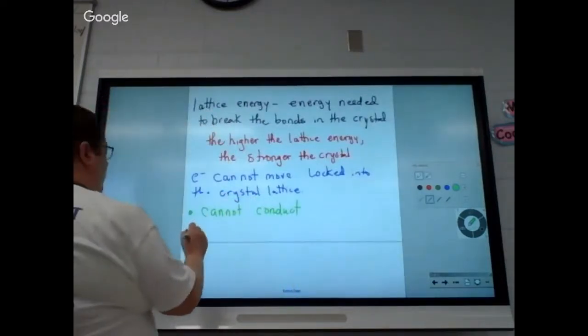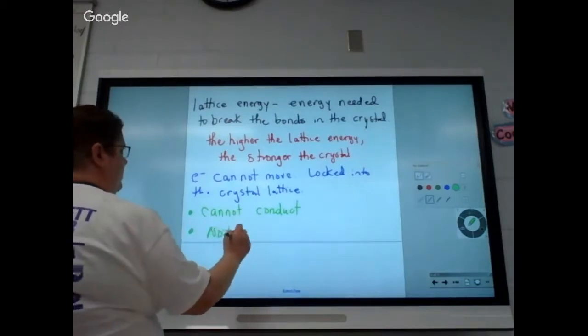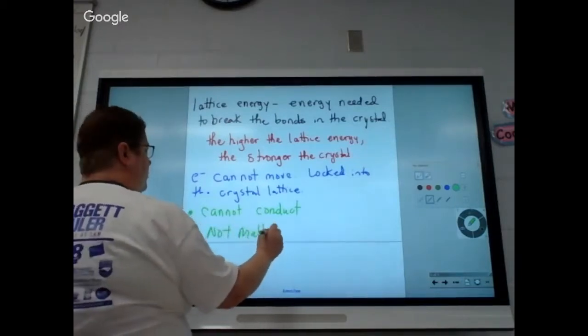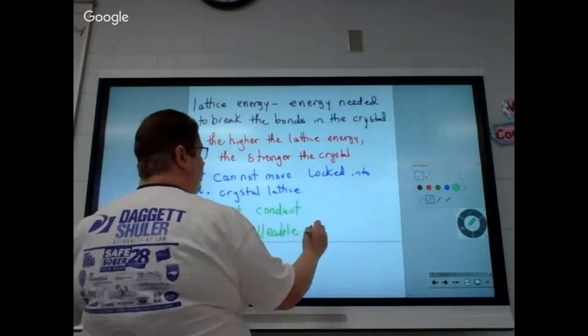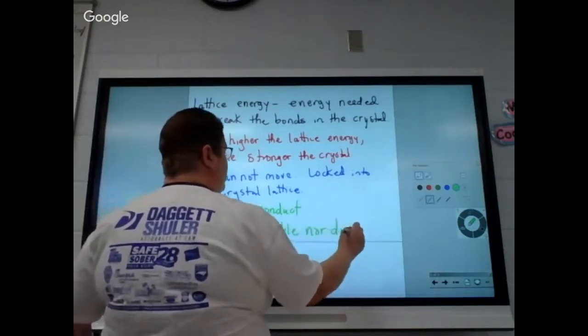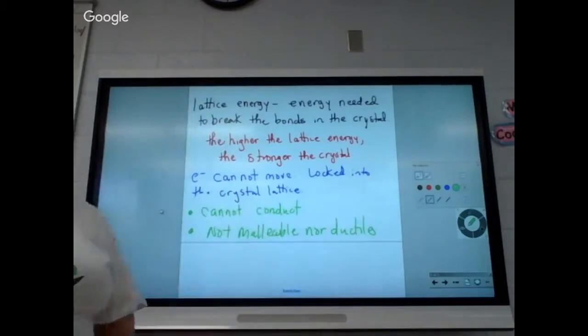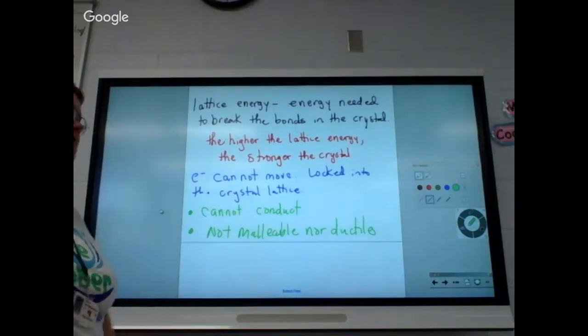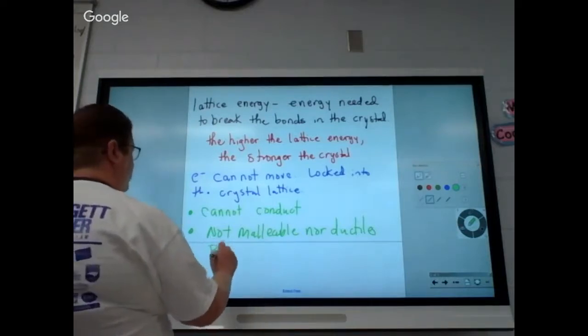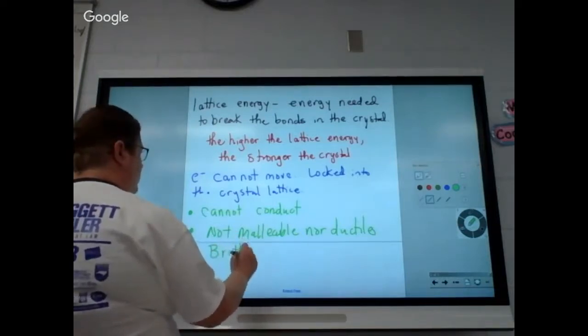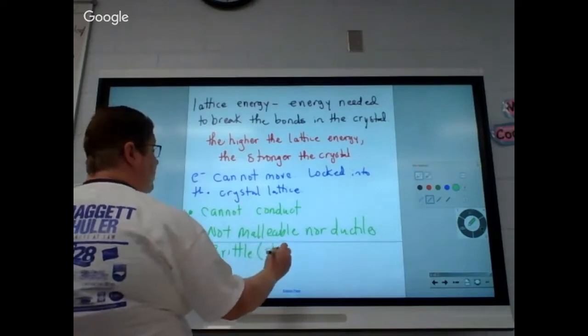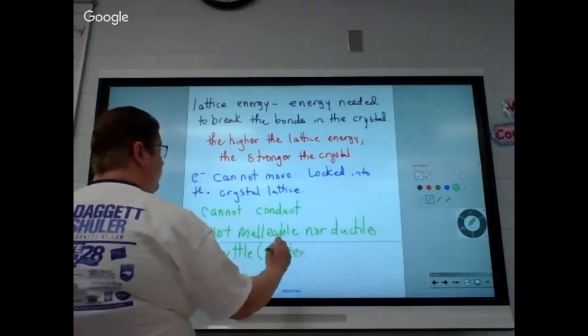No. They're not malleable nor ductile. So if they're not malleable or ductile, what happens if you hit them with a hammer? They're going to break. So we say that these are brittle. Things that shatter are brittle.